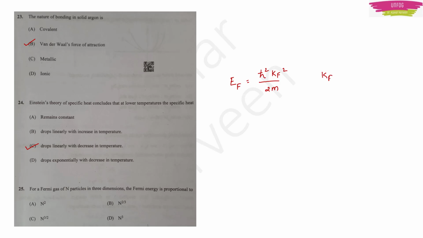For 3D, kf is equal to 3 pi square n whole to the 1 by 3. So for Fermi energy, if I substitute h cross square into 3 pi square n whole to the 2 by 3, upon 2m. So Fermi energy is proportional to n to the power 2 by 3. So option B is the right answer.